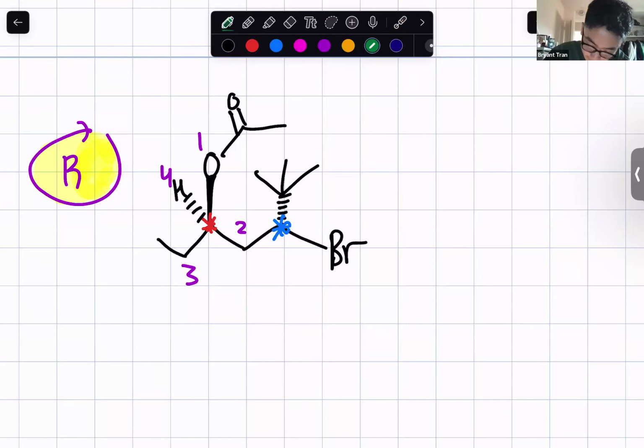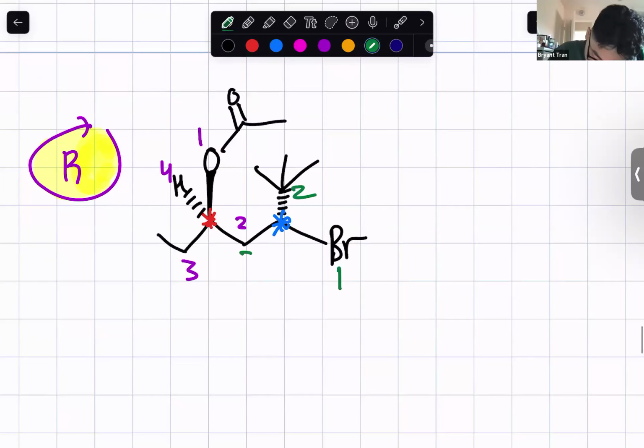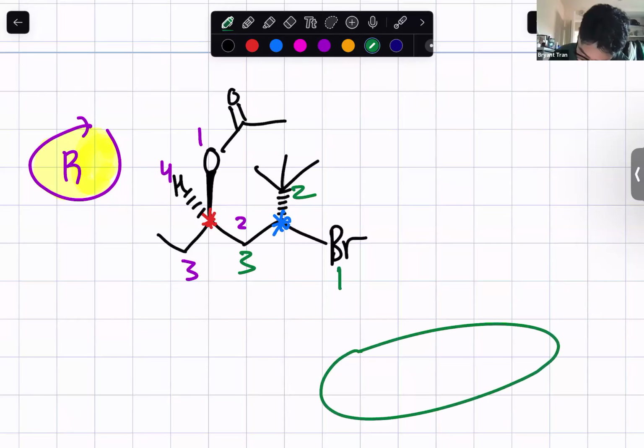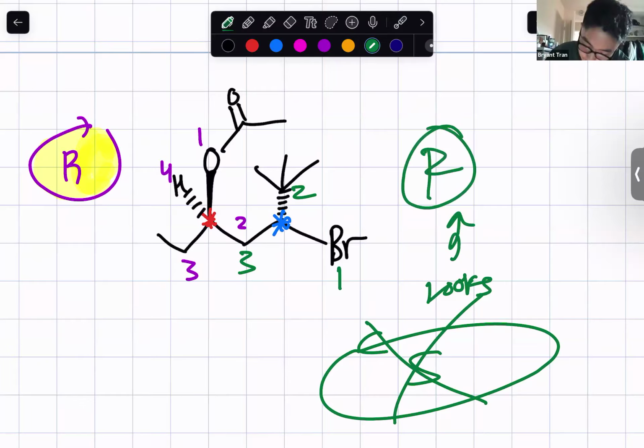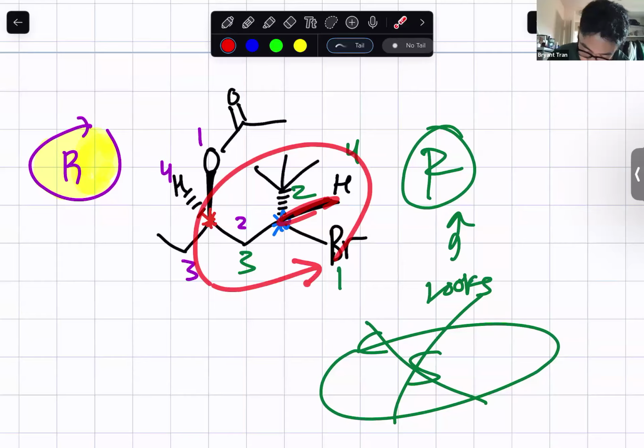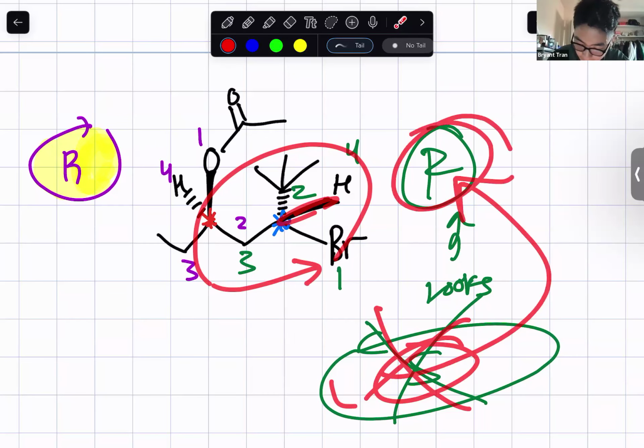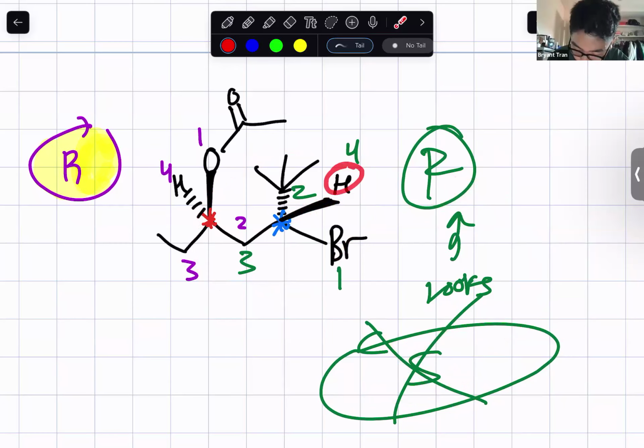So here, this is 1, this is 2, this is 3, and going this way, it looks like an S, but it's not an S. It's going to be an R. We invert it because the lowest priority group here, hydrogen, is on the wedge. So we do everything normally, which is going counterclockwise, which looks like an S, but it's not, because the lowest priority group 4 is on the wedge. So we just invert it at the end.